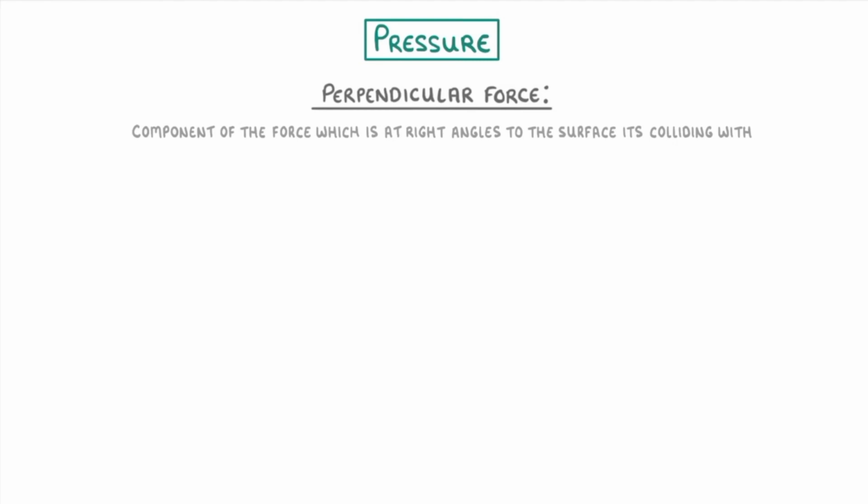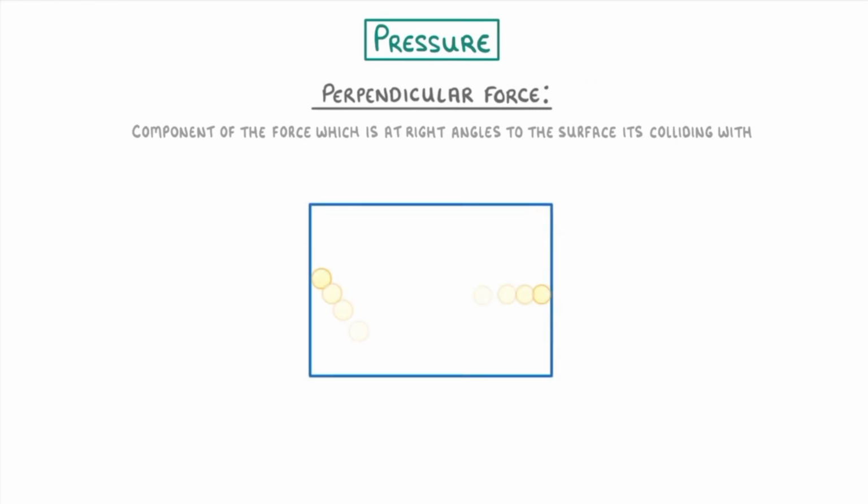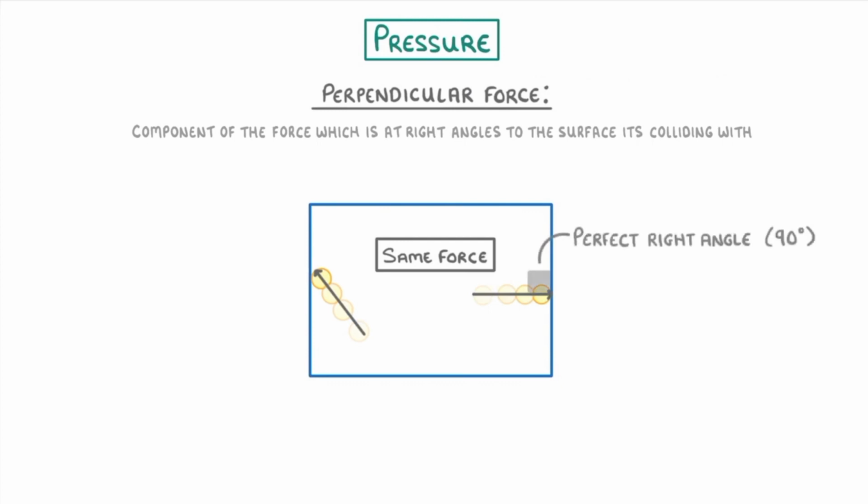To understand what this means, imagine that two particles strike the walls of this container, both with the same force. This particle on the right is striking at a perfect right angle, or perpendicular to the surface. This means that the entire force will be used to generate pressure on the container wall.